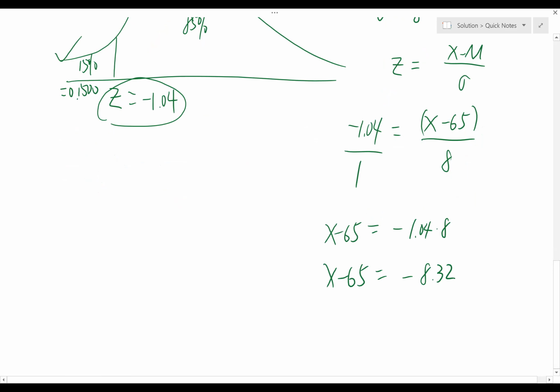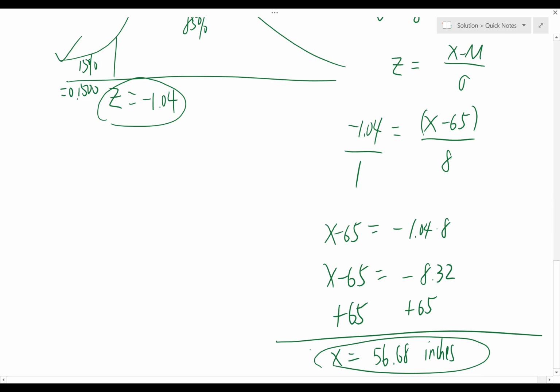Adding 65 to both sides, X equals 65 minus 8.32, and this is 56.68 inches. That's what separates the bottom 15% from the top 85%.